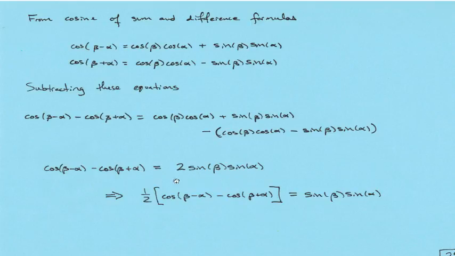If we divide both sides by 2, then we obtain our second product to sum formula. So the product of the sine of beta times the sine of alpha is going to be 1/2 of the cosine of beta minus alpha minus the cosine of beta plus alpha.